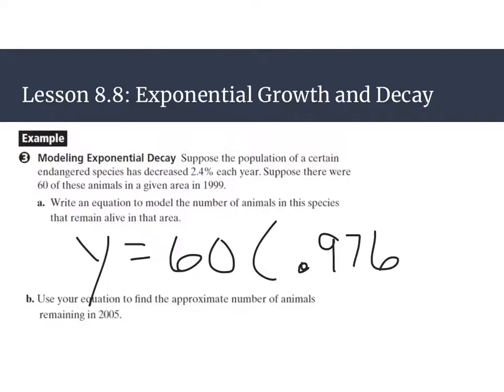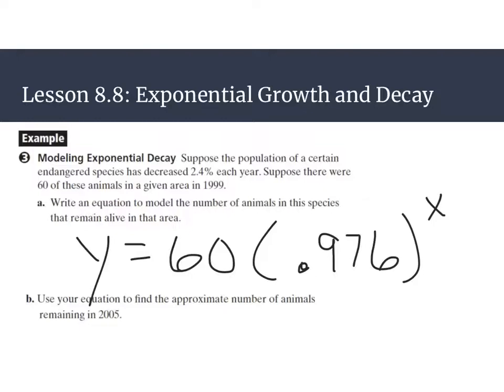Notice how this number is less than 1, so our population is going to be slowly declining by 2.4% each year. x is going to represent the number of generations, so in this case, each year we're losing that percent of the population.